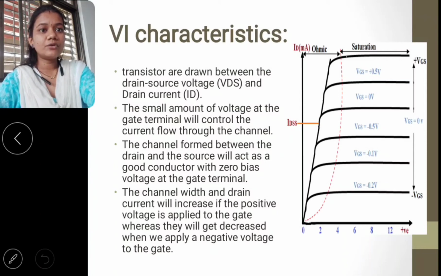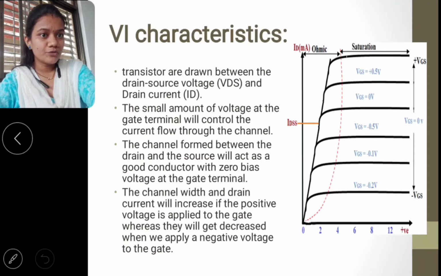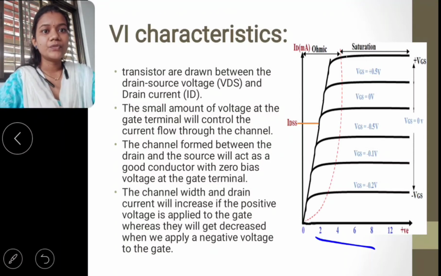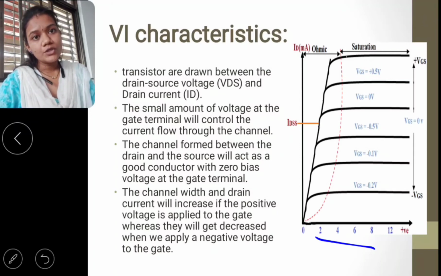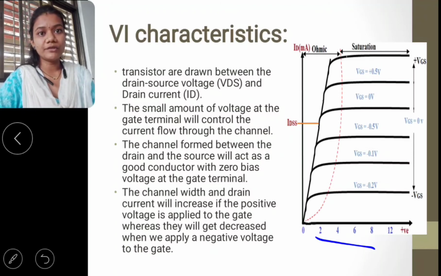So these are the VI characteristics of the MOSFET, drawn between the drain to source voltage VDS and ID. A small amount of voltage at the gate terminal will control the current flow of the channel. The working of the MOSFET depends only on the amount of gate voltage we apply, so any change in voltage or current depends on the gate to source voltage.